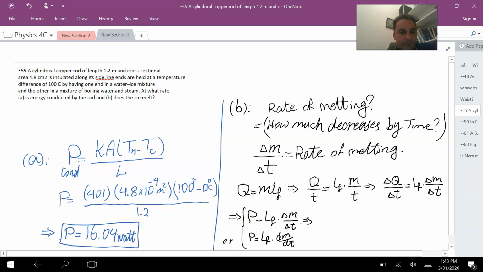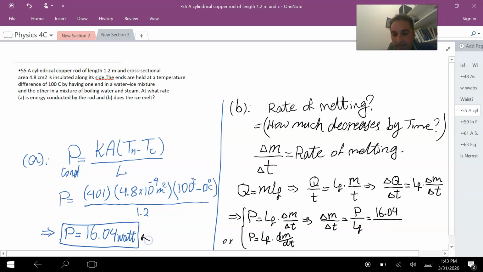Therefore, rate of melting will be P divided by LF. We know P is 16.04.